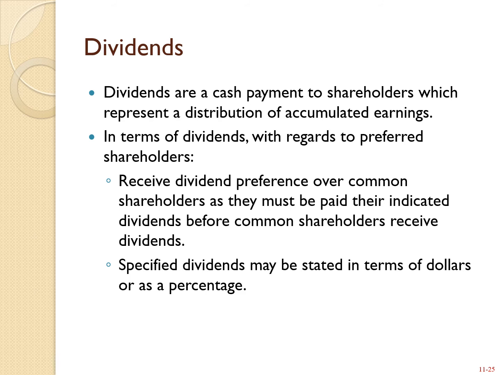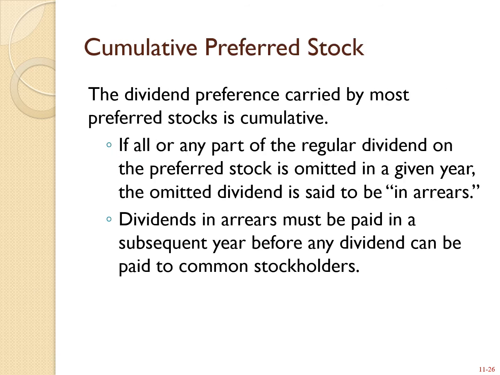Now, you know what dividends are. We've explained this several times since chapter 3. It's paid in cash, and the company commits to pay it as long as it announces it. Cumulative preferred stock, as we said, carries forward from year to year.